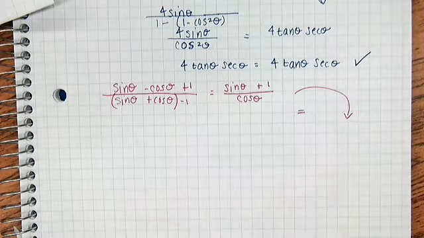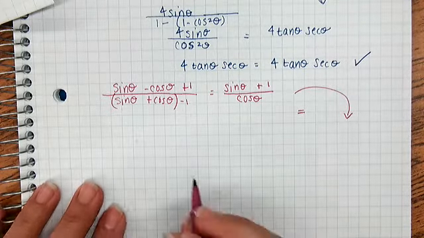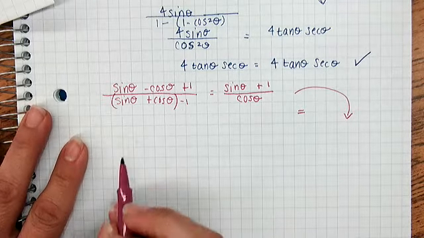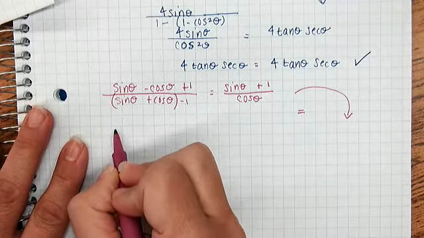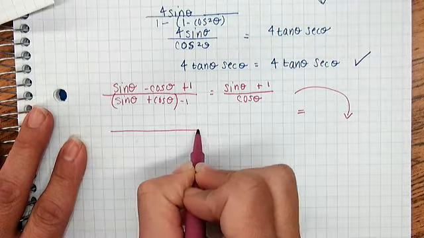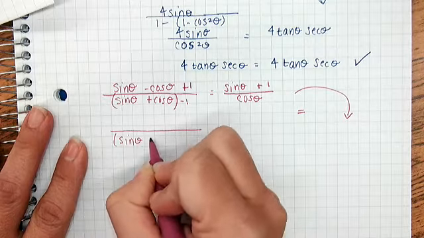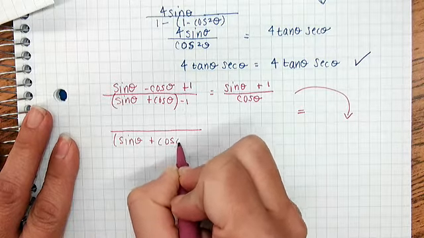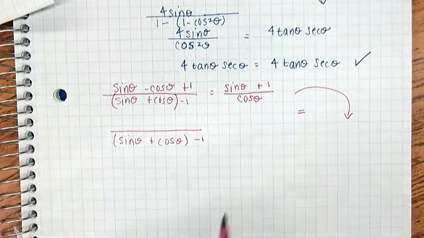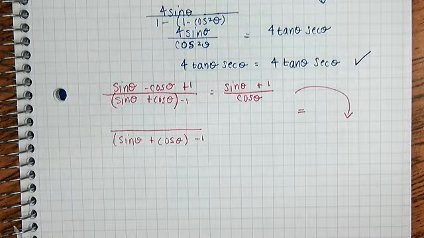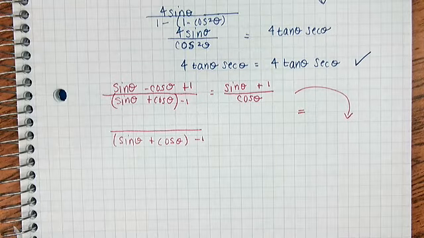I'm not going to keep rewriting it. So I said, okay, in the denominator of this first fraction here, I treated this as the sine of theta plus cosine theta minus 1. I've got to get rid of some of this stuff. There are way too many terms on the left.